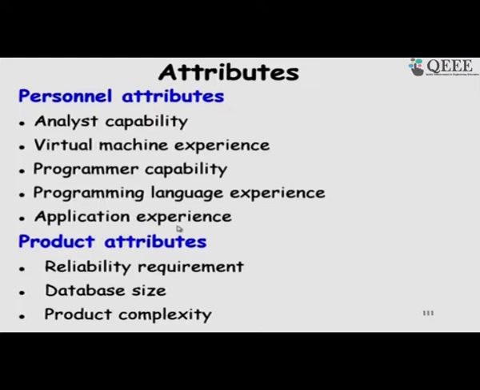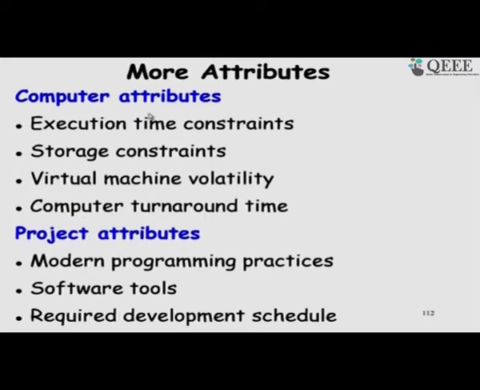Application experience, etc. Product attributes like reliability, database size, product complexity, and then computer attributes, execution time constraint. So, are there constraints on how fast the software would complete, storage constraint, how much data size does it need, virtual machine volatility. So, is the software going to work on various types of computers, or is it just targeted to one type of computer?